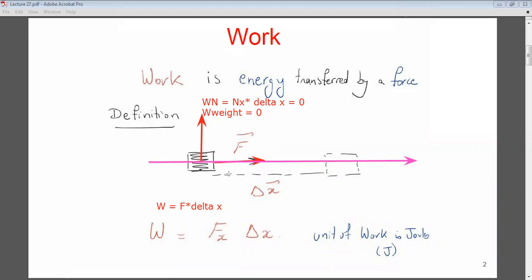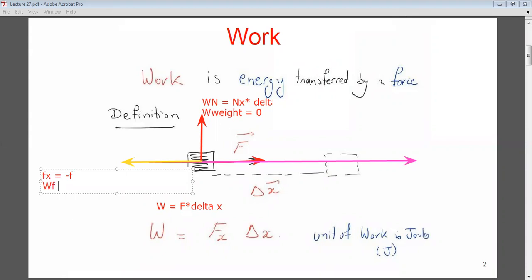We also agreed that work can be negative. Work can be negative if the force applied is a resistive force. It is resisting the motion. And one example of a resistive force is what we know by now, friction. So if there is friction, the x component of friction is minus F, because it's along the x-axis, but in the negative direction.